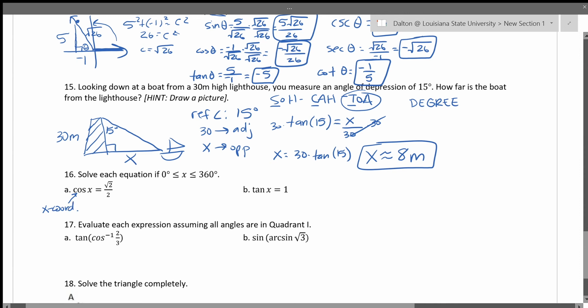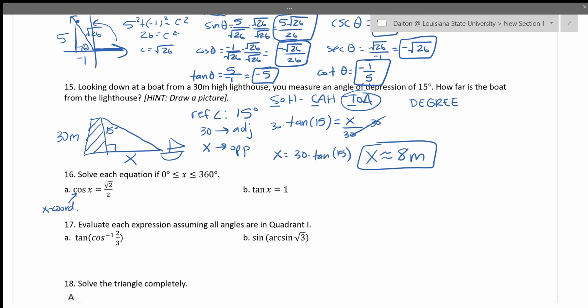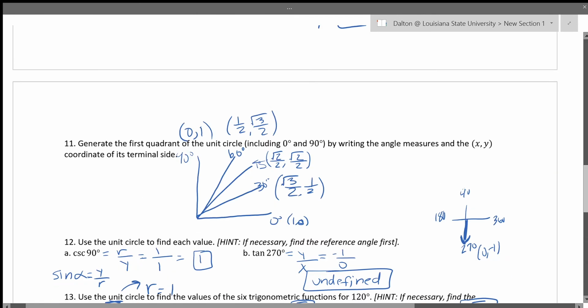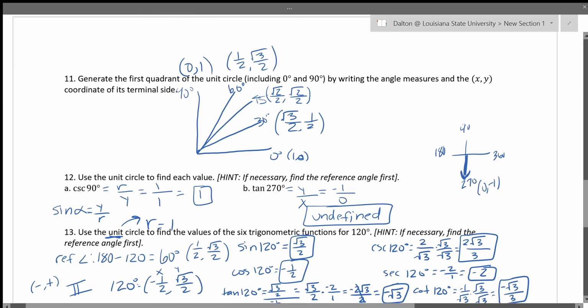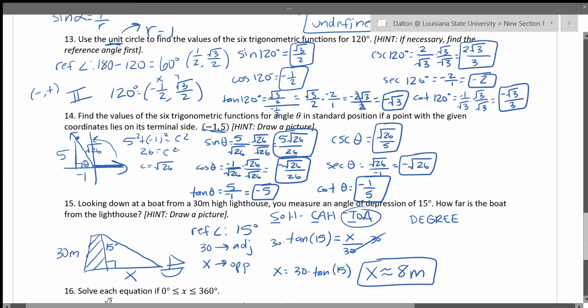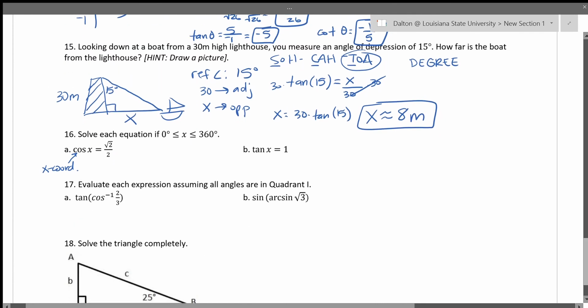So I basically need to think about, using my unit circle, where or what x-coordinates are the square root of 2 over 2. So I'm going to scroll back up and we're going to look at my first quadrant. In the first quadrant, there's only one answer that has the square root of 2 over 2, and it's 45 degrees. So that's one of them, but that's not the only one.